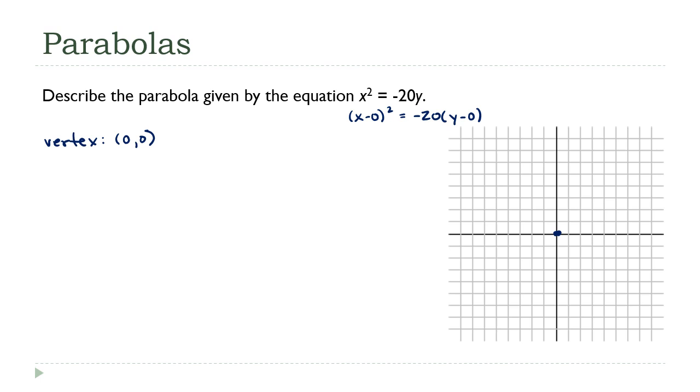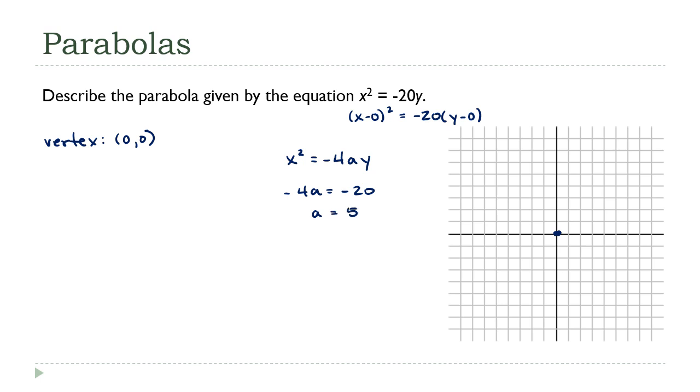Now, the next thing I need to do, I need to find the value of a. Remember, the general equation here is x squared equals negative 4ay. And if you compare that to the equation we're given, the negative 4a has to equal negative 20, which means a equals 5. Now remember what a means.